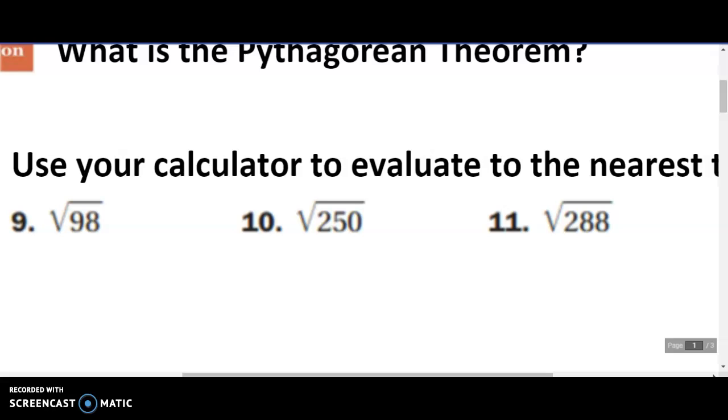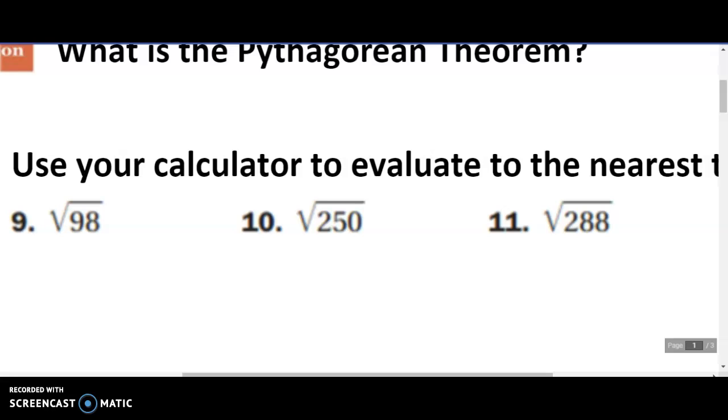Some calculators, like the one at school, you use the square root button, then put 98 and hit enter. If you're using an iPhone calculator, you turn it sideways to get the square root key, then hit 98, and I think you hit the square root. Just play around with it to see, but you're definitely going to need that square root key on any calculator.